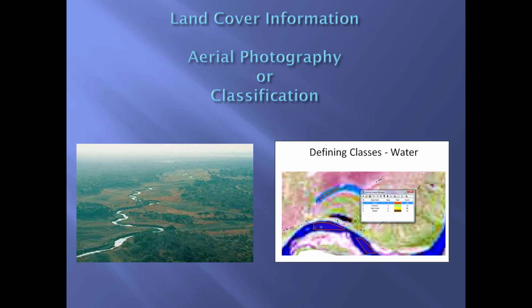So those are special types of vegetation that are unique to an African savanna. You can see the red polygons on the water bodies, and those are ROIs, or regions of interest, which is being used to teach the computer how to recognize water.